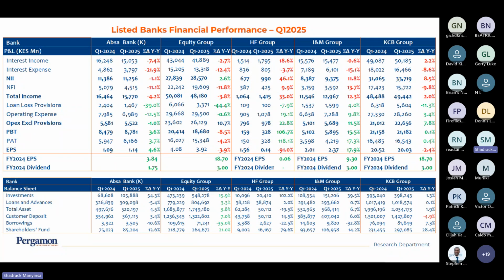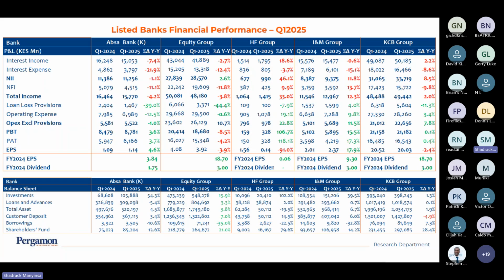So because of those two reasons, we saw most of the banks realign themselves on government securities compared to loans. So total assets across the industry, most of them recorded declines, with a few recording upticks because of increase in investments in government securities.